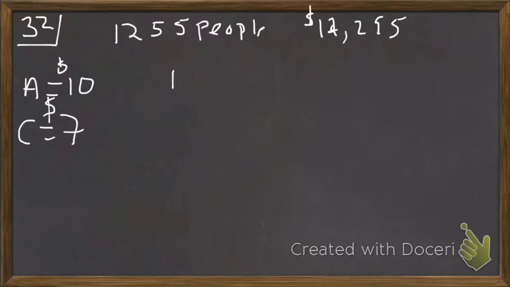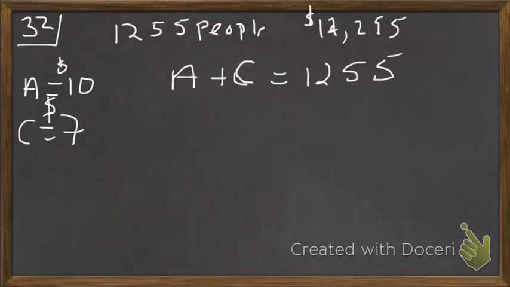Well, I would say that A plus C equals 1,255, unless we have developed a new classification for people as adult or children or something else.